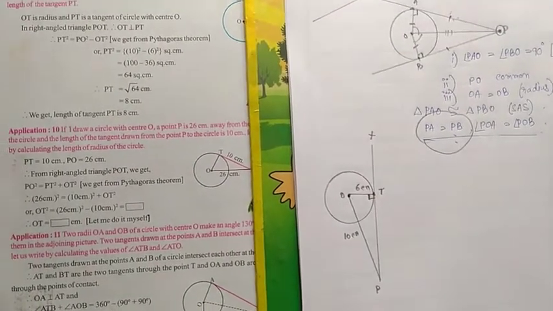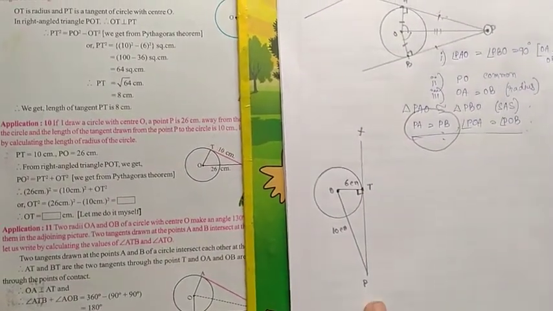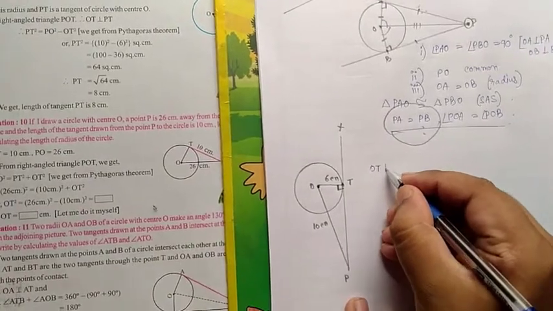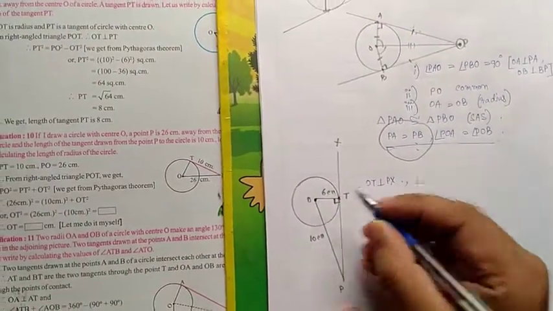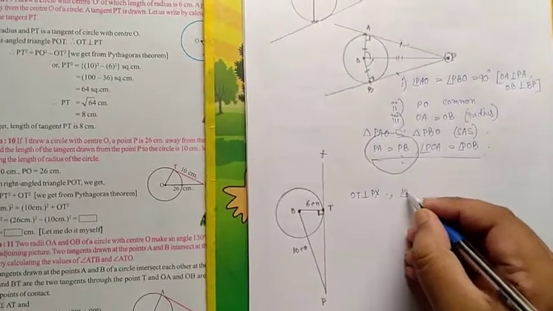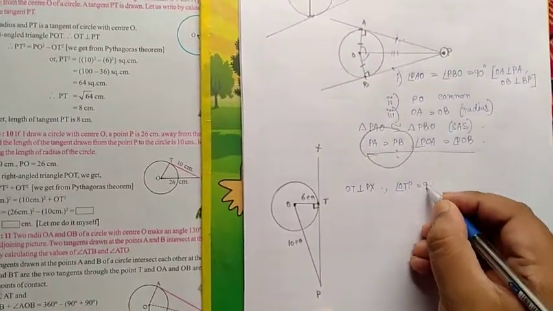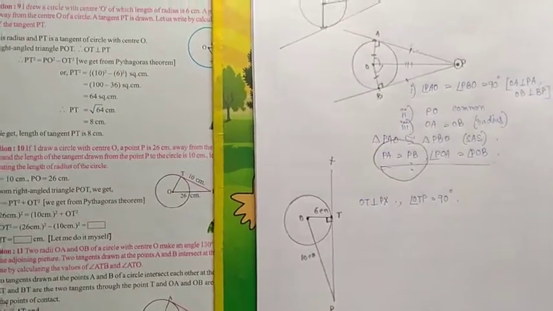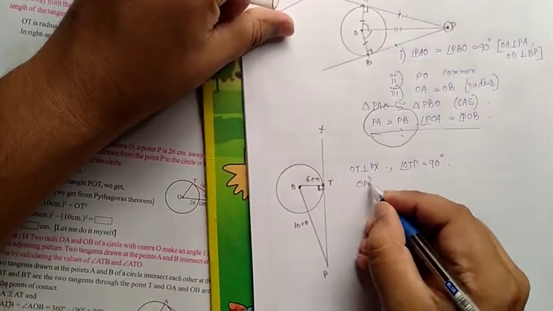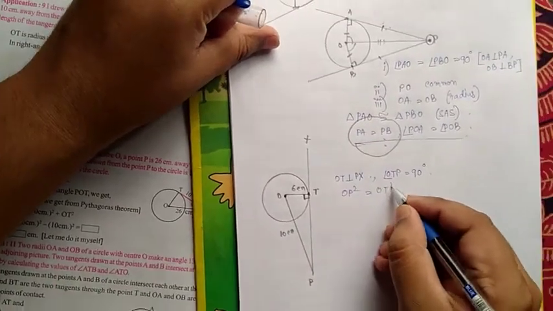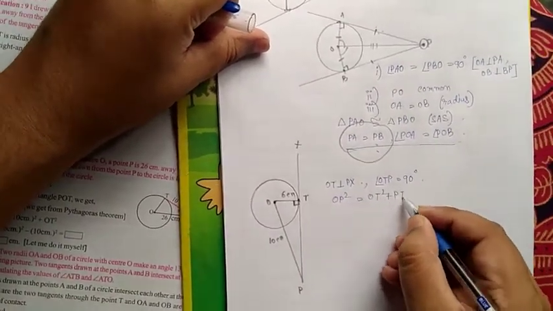So OT is perpendicular to PX, and we can say that angle OTP is 90 degrees. By Pythagoras theorem, OP is the hypotenuse, so OP square equals OT square plus PT square.